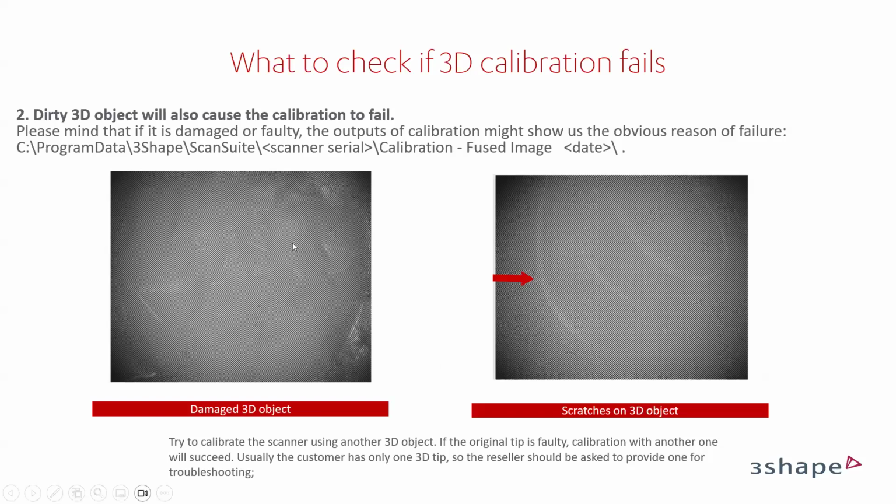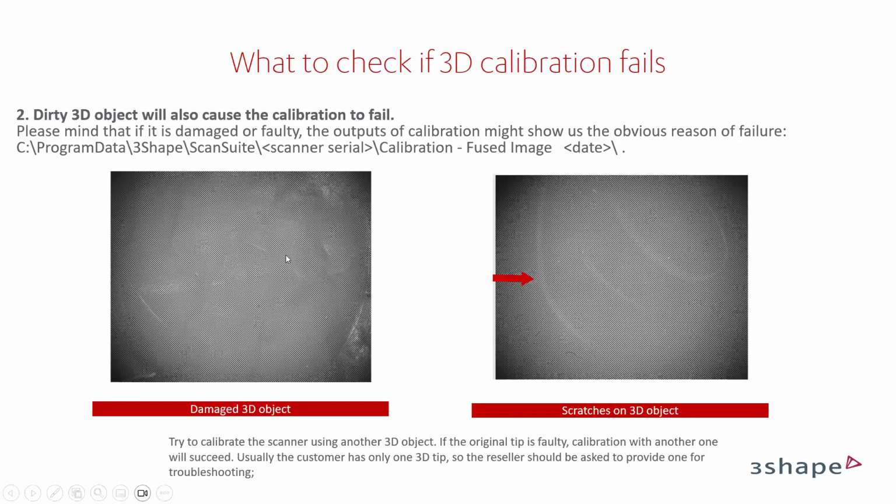We also have a path where you can find some images. Here is an example of a damaged 3D object and scratches on a 3D object. If you see an image like this, it means that if you rotate your 3D calibration tip, you will find some gray areas there.